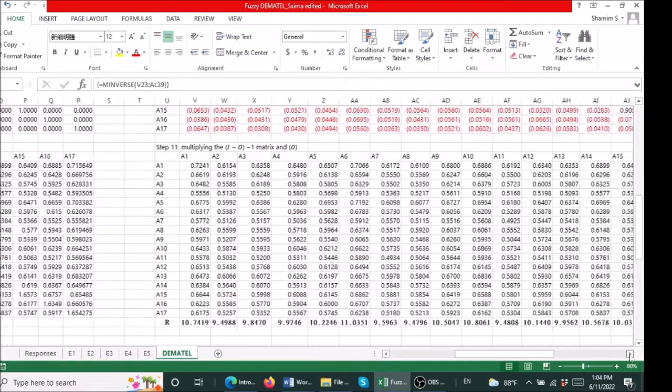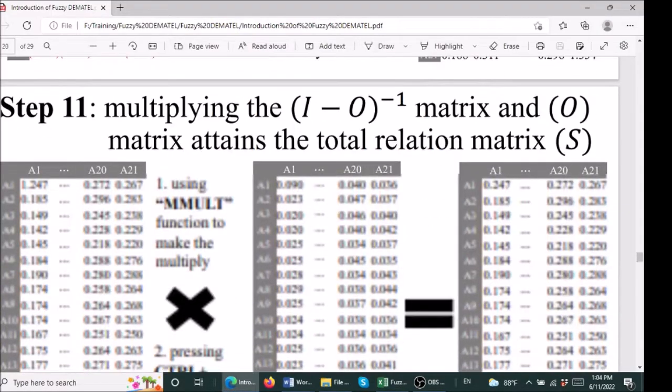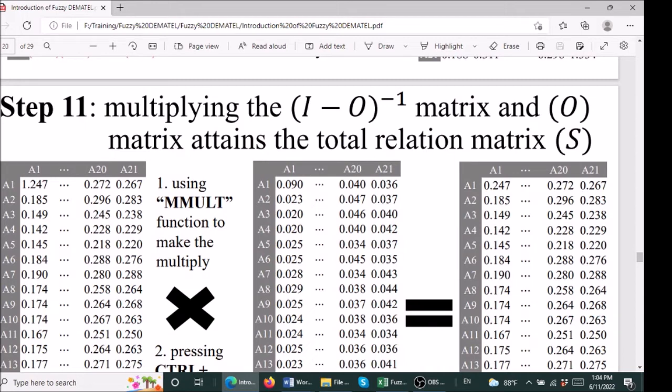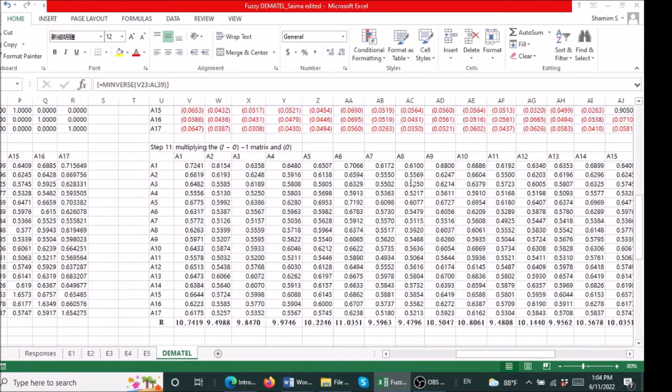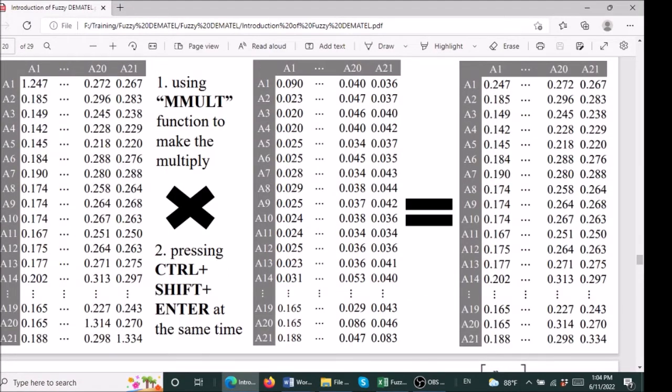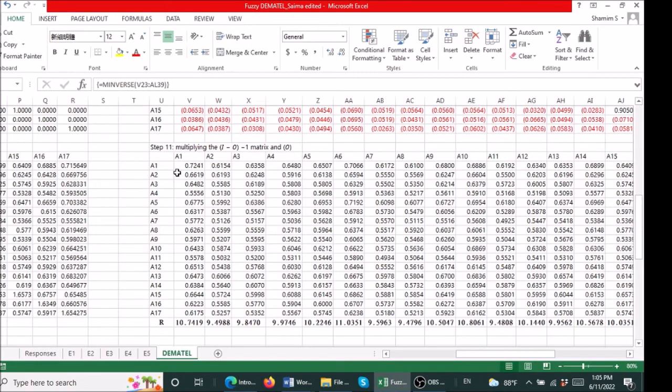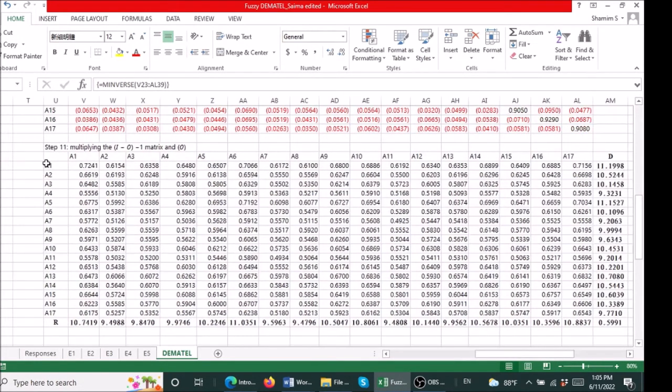Okay, so now in the next column, step number 11, multiplying the inverse matrix and the direct relation matrix to attain the total relation matrix S. We have to multiply, but how to multiply this time? Use the MMULT function and Control Shift Enter, right? So again, we have to create the matrix first.